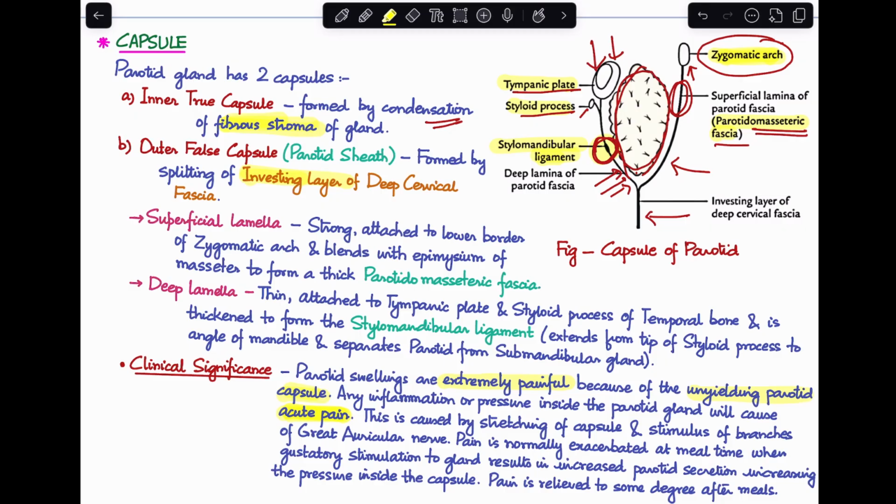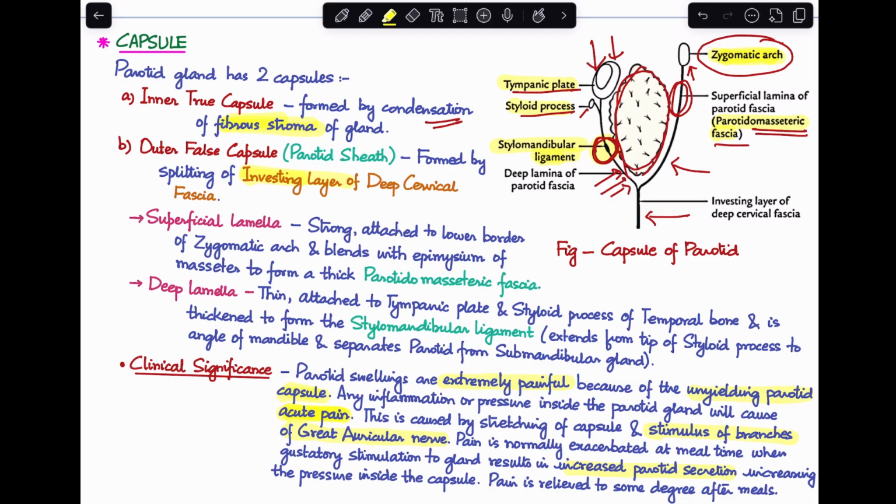Whenever there is a stretching of the capsule happening, it also ends up stimulating the branches of the great auricular nerve which lies over it. This pain that you feel will get exacerbated during meals, because when you have meals, there is a gustatory stimulation of the parotid gland happening. So there is increased parotid secretion at that time, and that also increases the pressure inside the capsule.